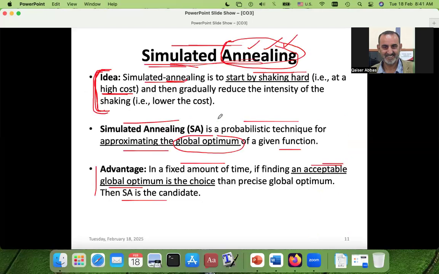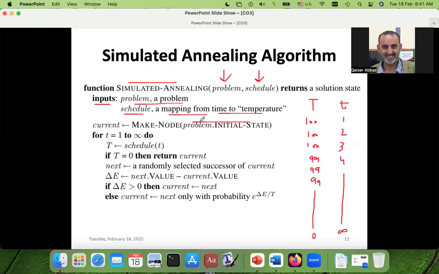Now, whatever the problem is given to us, suppose we have this problem. This is a state space, and on this state space we have different points. For example, I am drawing these different points.